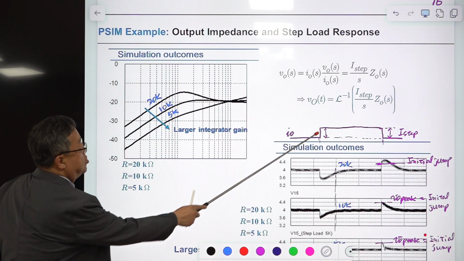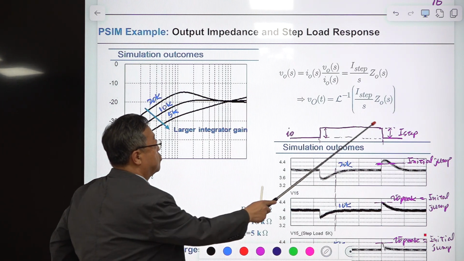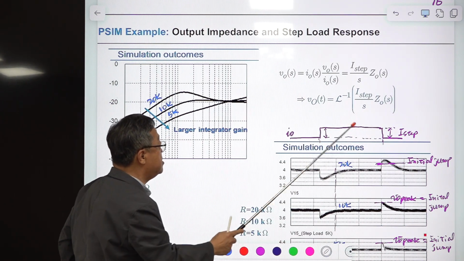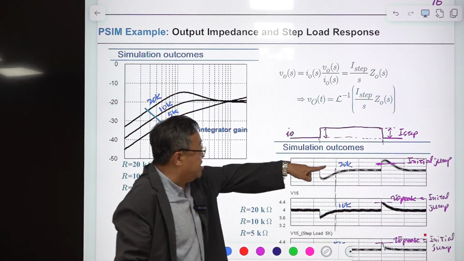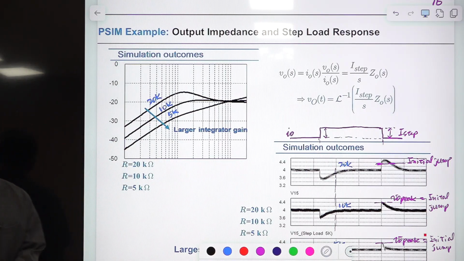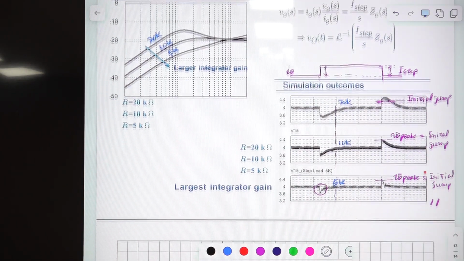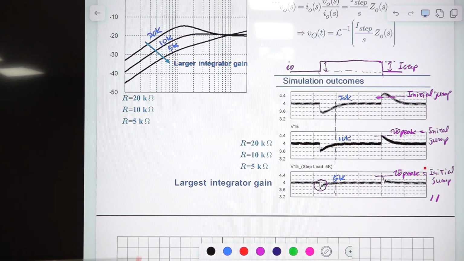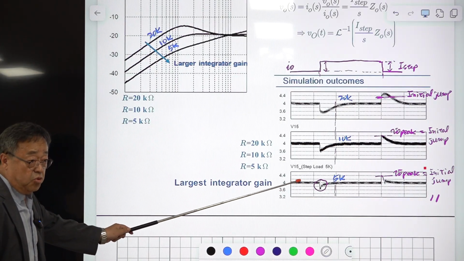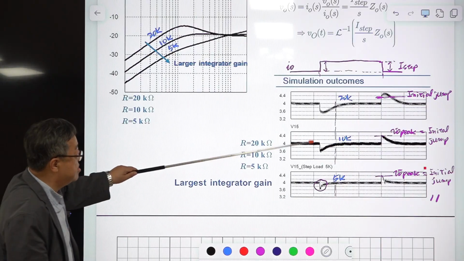And this shows the pattern of load current step changes, okay. So it increases, decreases, and the size is I step here, okay. And in terms of the response time, you may think this is the fast, okay. This is the most fast one, and this one is the second, this one slow.